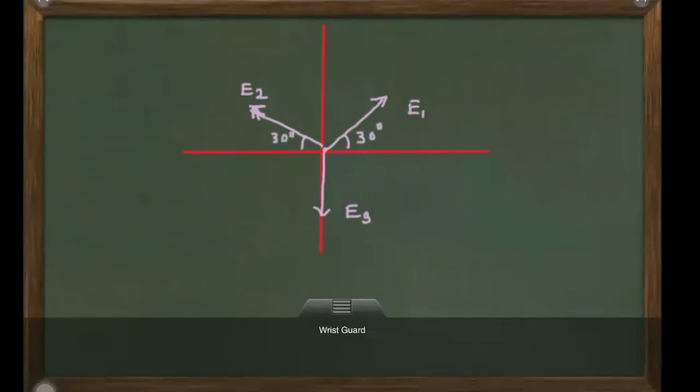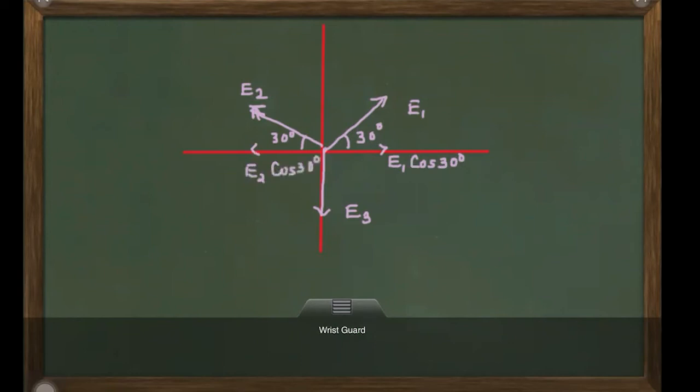And now the resolution work goes on. You can resolve it here. It should be E1 cos 30 degree, and here will be E2 cos 30 degree.